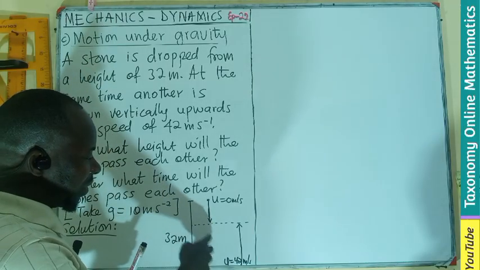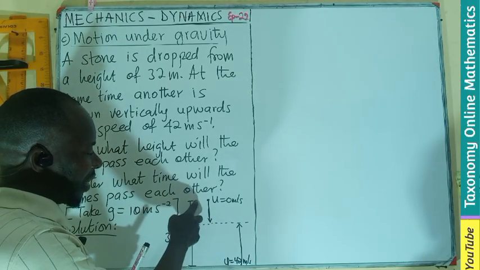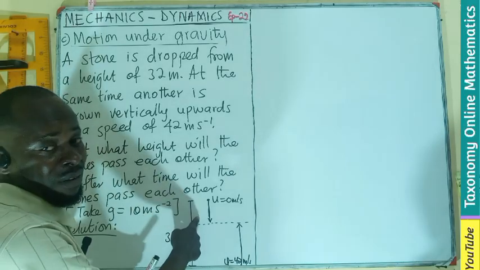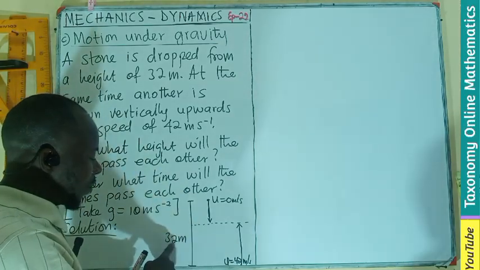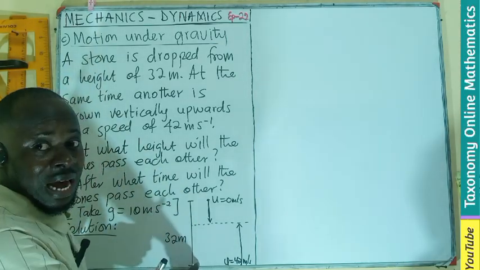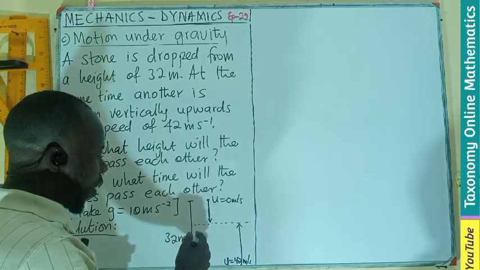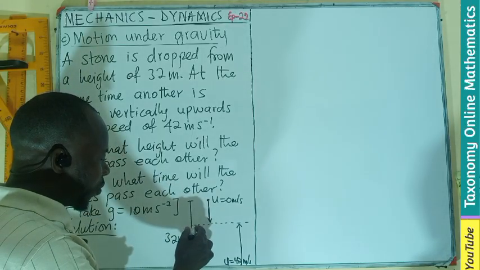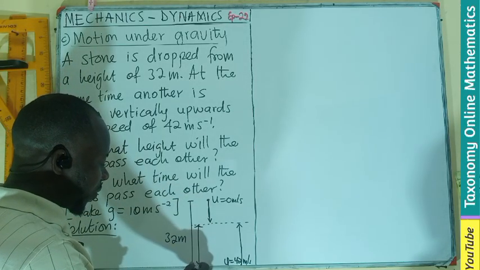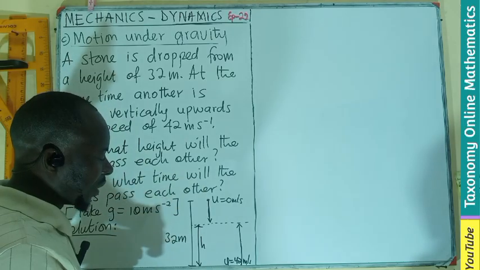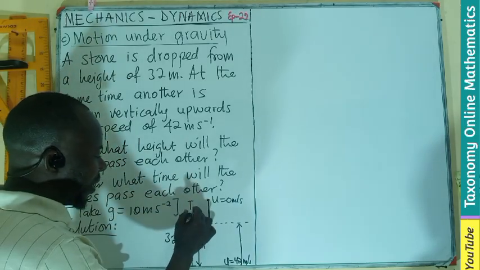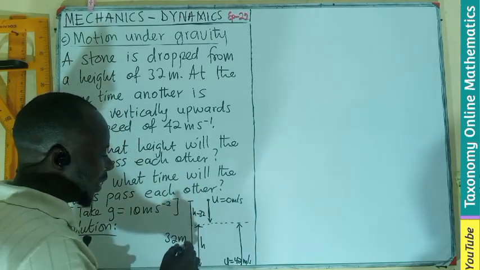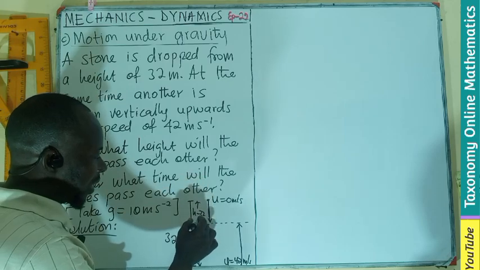We can pick the height as a variable and subtract it from here to get the upward movement, or we just pick the upward movement. Let me label that h. Then this is going to be h minus 32, if I'm to take this side.